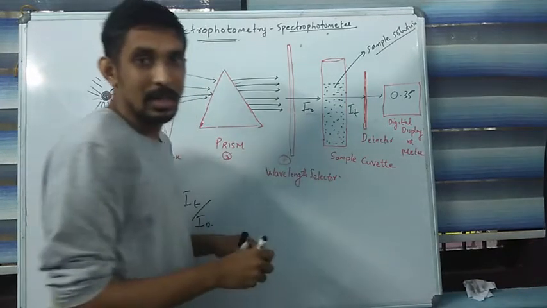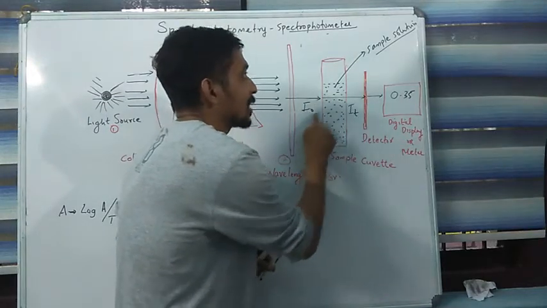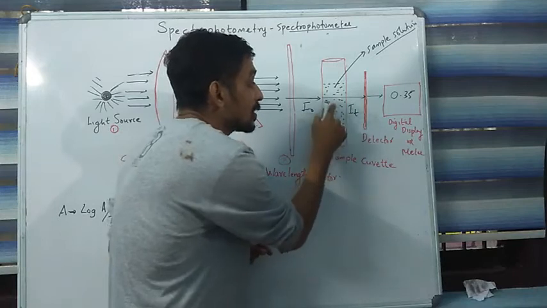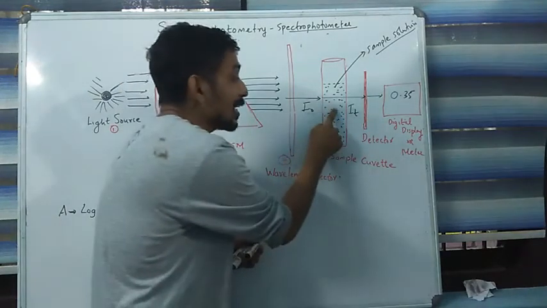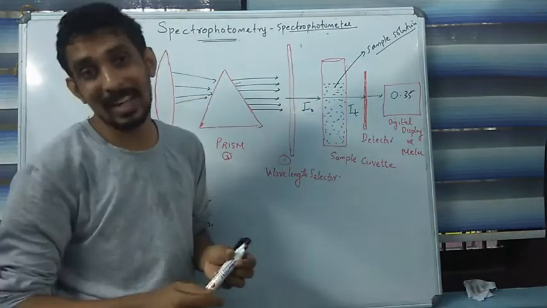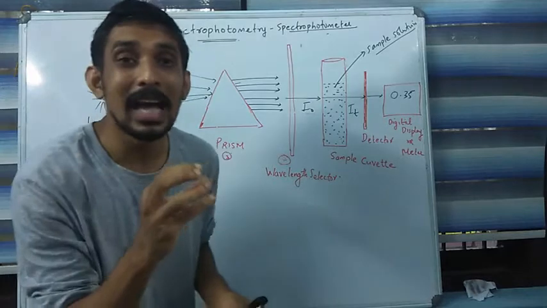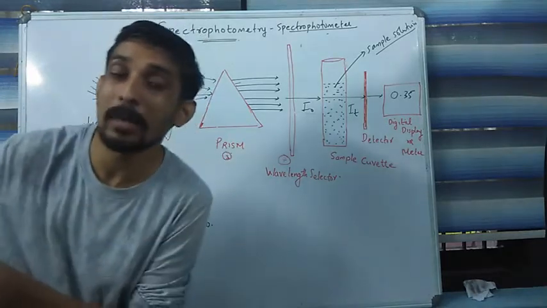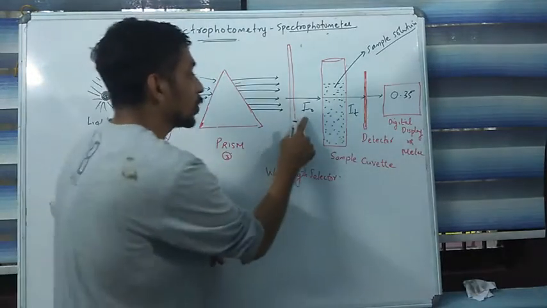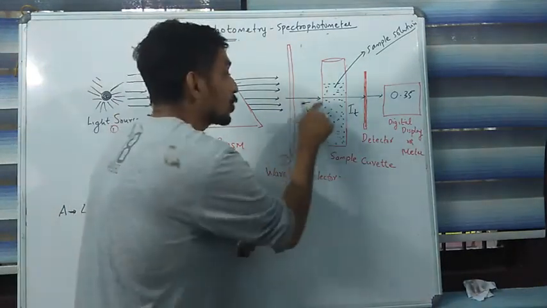By using the absorption capacity of this unknown material, we can say whether it is a type A molecule or a type B molecule, because we know the wavelength of the incident light.